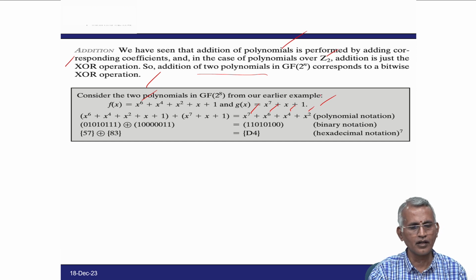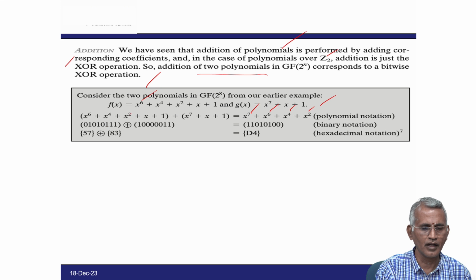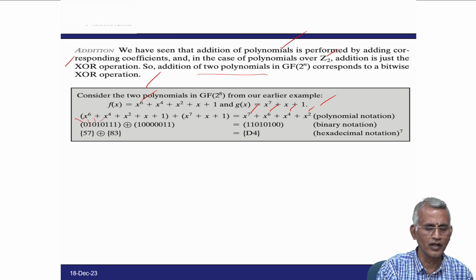Now x plus 1 will be 0 because in polynomial notation this value becomes 0. So, now convert into binary notation. So, for unit 1, for x term 1, for x square term 1, x cube 0, x power 4 1, x power 5 0, x power 6 1, there is no x power 7.